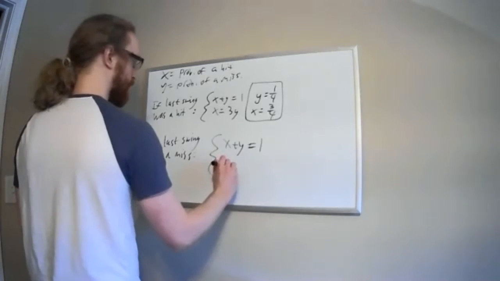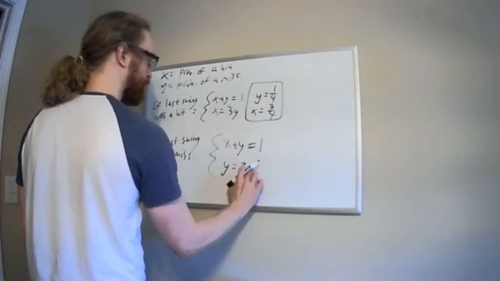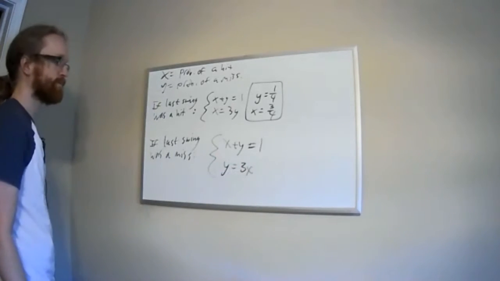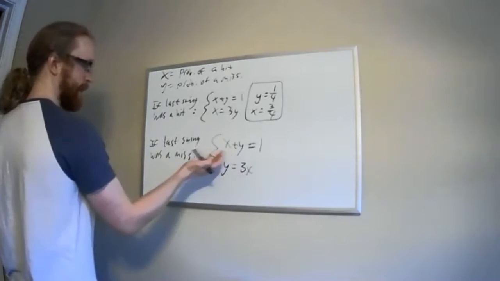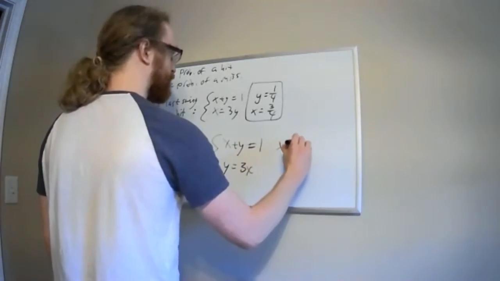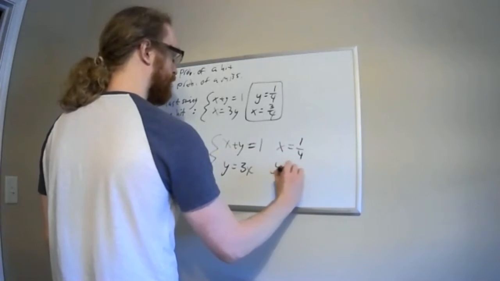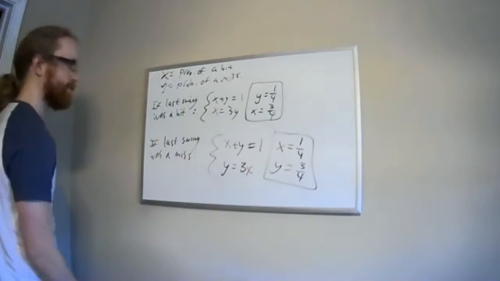So now I know that y equals 3x. The situation is reversed. If I substitute this back in and solve, I'm going to find that x now is 1/4 and y is 3/4. And so here's my solution in this case.